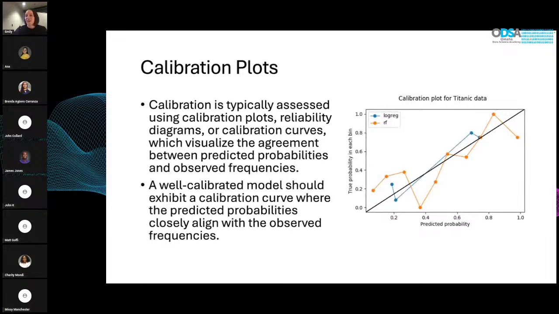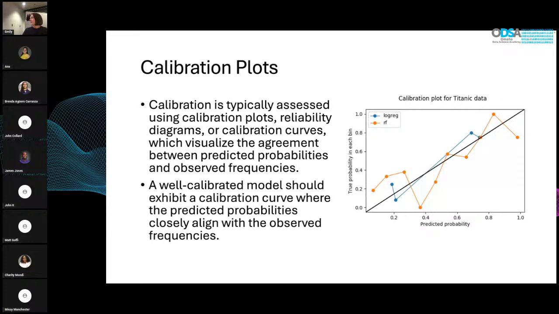So you can do calibration plots like I had for the other one, and you can put multiple models on there too. And you can say that by nature, one model is better calibrated than another model. For example, here we have log reg and random forest in orange.